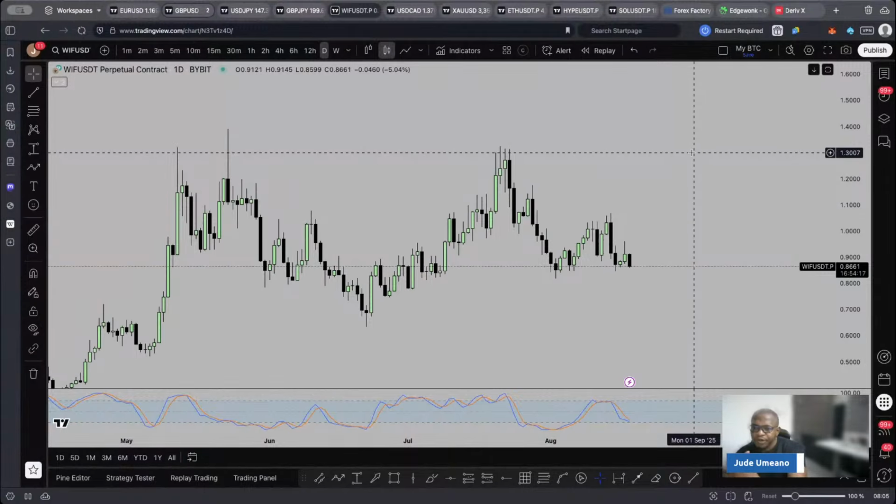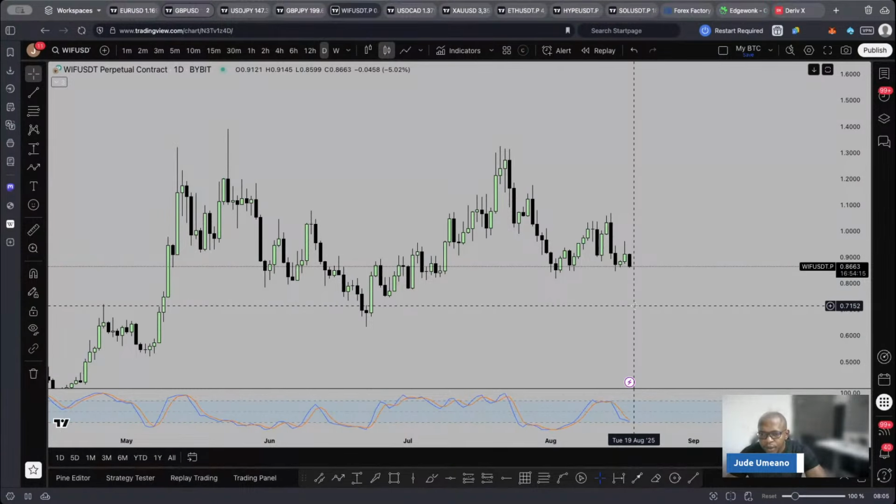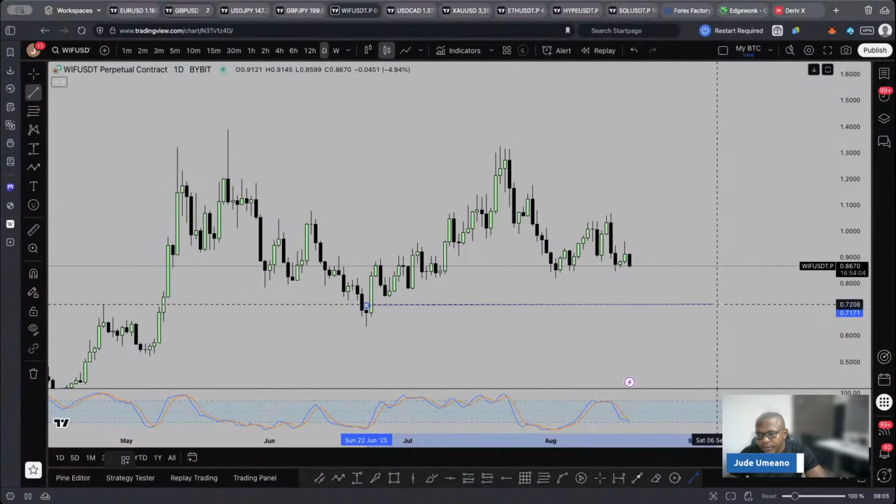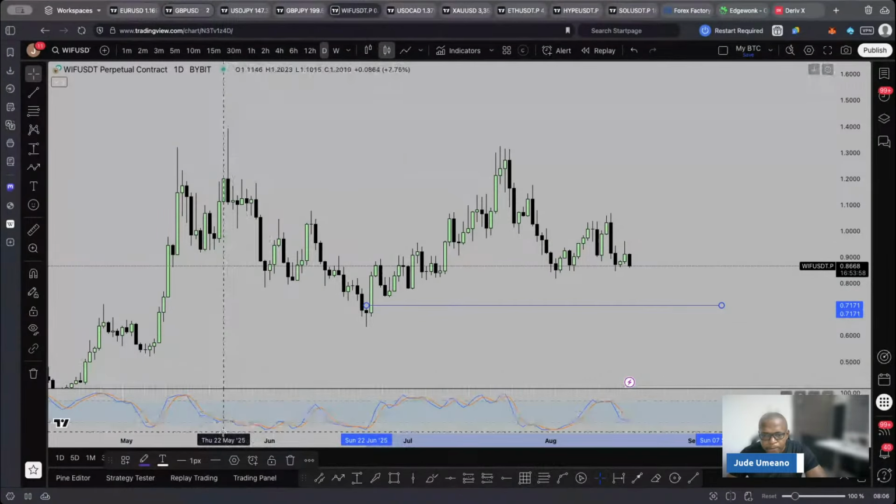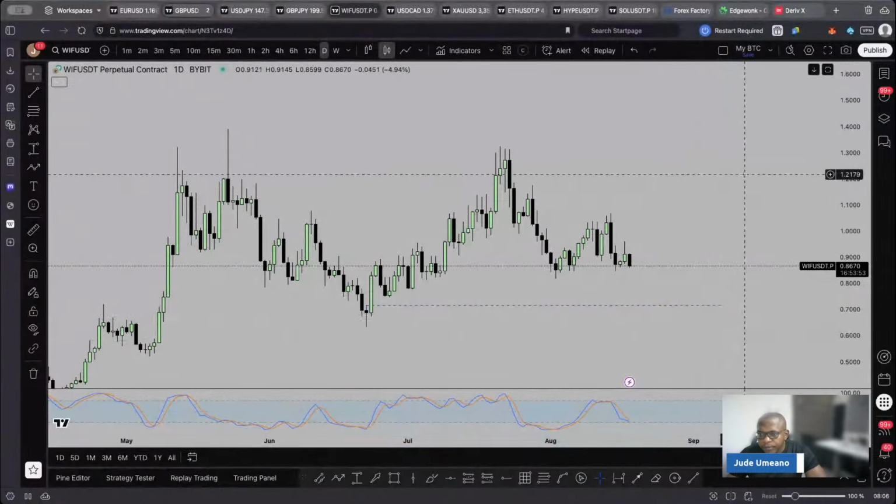So what is the trading range I'm going to consider? One, we have a demand zone here. So I want to mark the top of that demand zone this way. Top of the demand zone here. Okay.